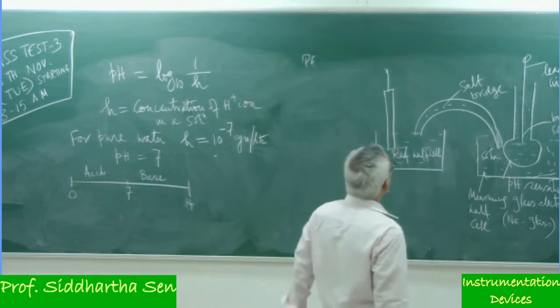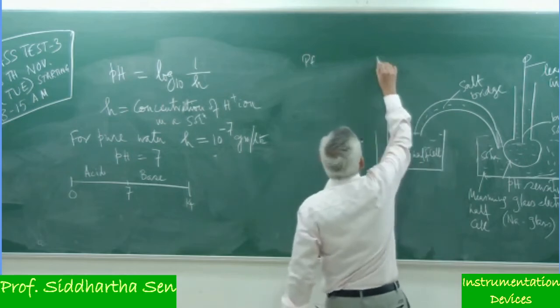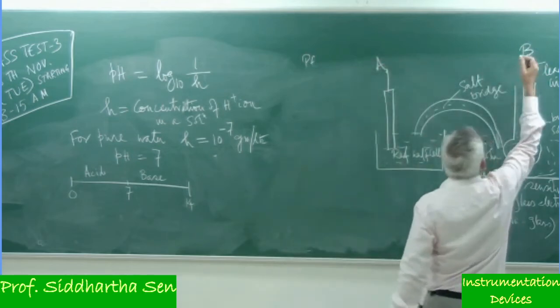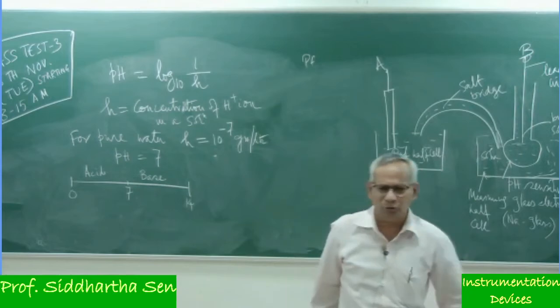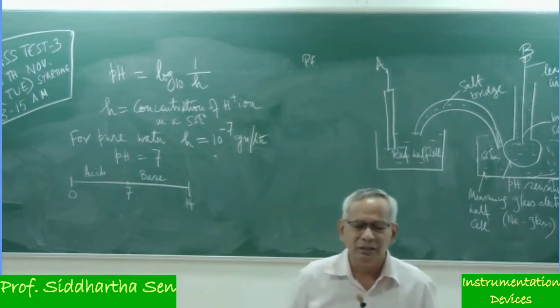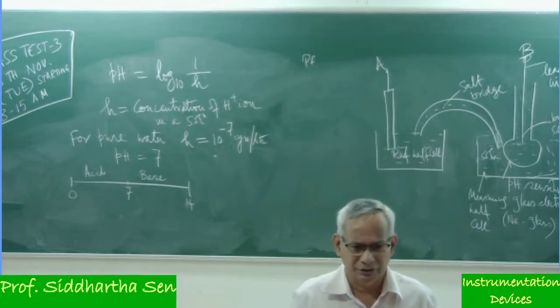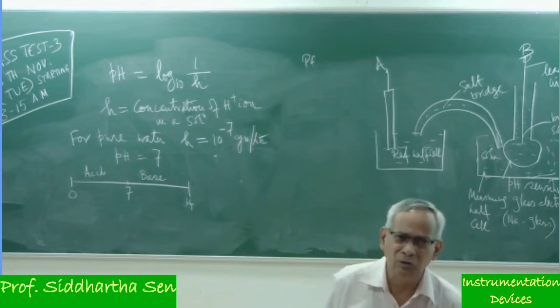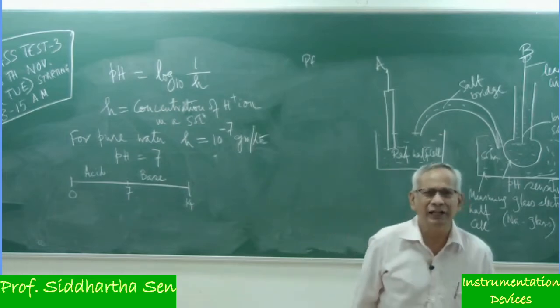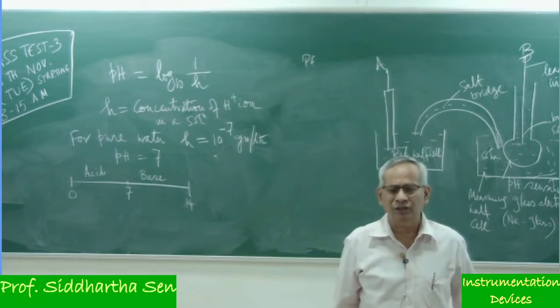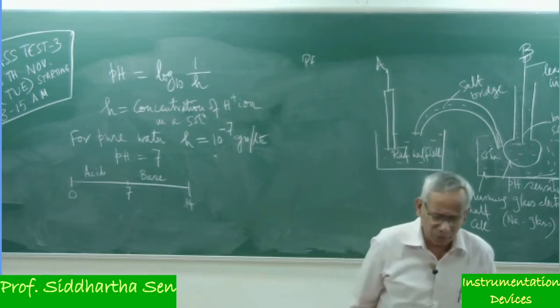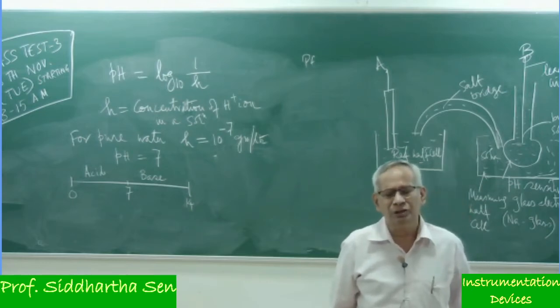So between terminal A and terminal B, I can connect a voltmeter and measure the output voltage. As I said, we always need two electrodes. One single electrode cannot be used.